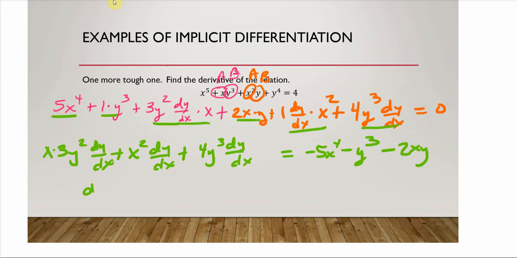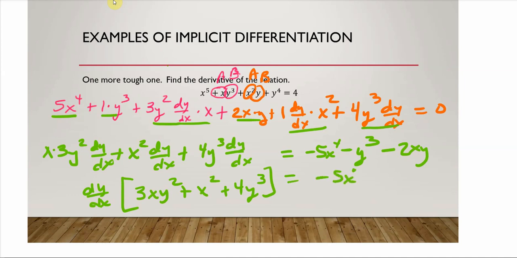So I factor out my dy/dx, and I'm going to be left with 3xy squared plus x squared plus 4y cubed. It's going to equal negative 5x to the fourth minus y cubed minus 2xy. And then finally I'm going to divide everything by this ugly little quantity here, 3xy squared plus x squared plus 4y cubed.